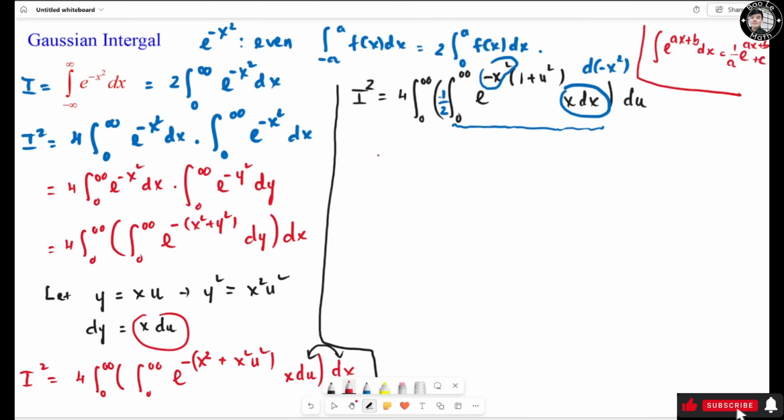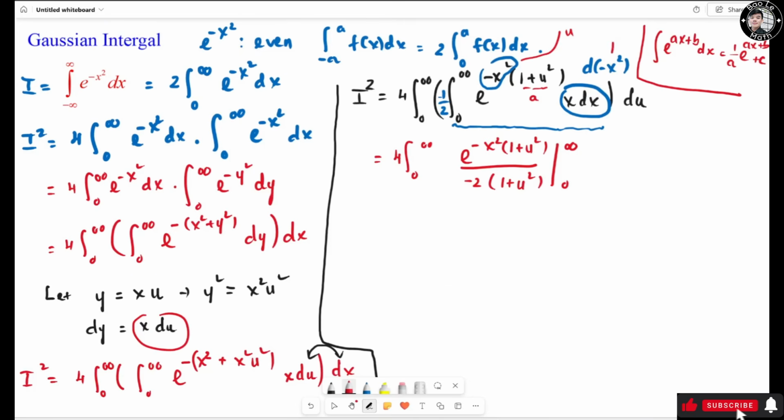So this guy turns out to be 4 times the integral from 0 to infinity of e to the negative x squared times 1 plus u squared over negative 2 times 1 plus u squared, evaluated from 0 to infinity, right? This guy right here already becomes a in this formula, right? And this guy becomes u, right?